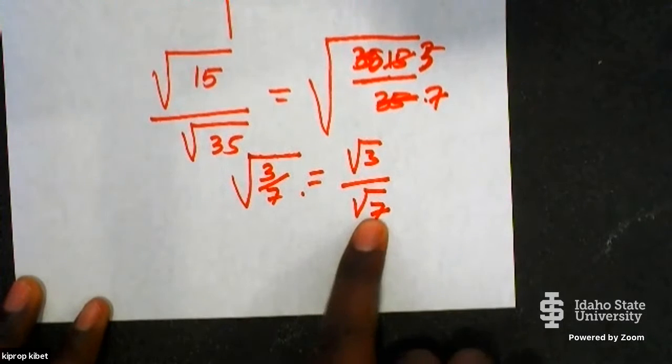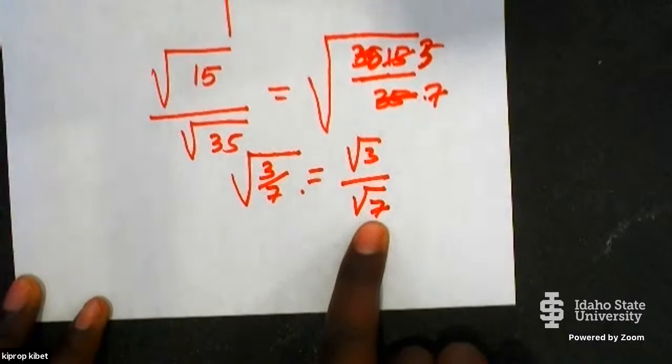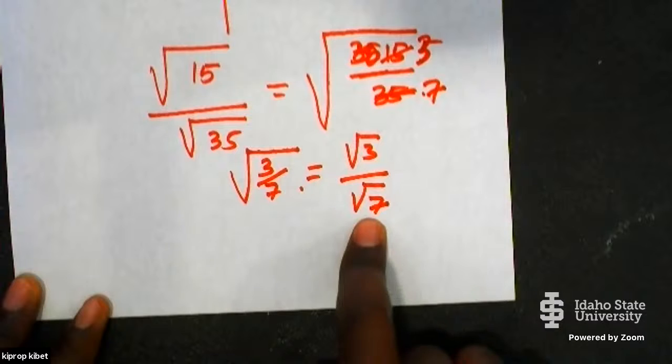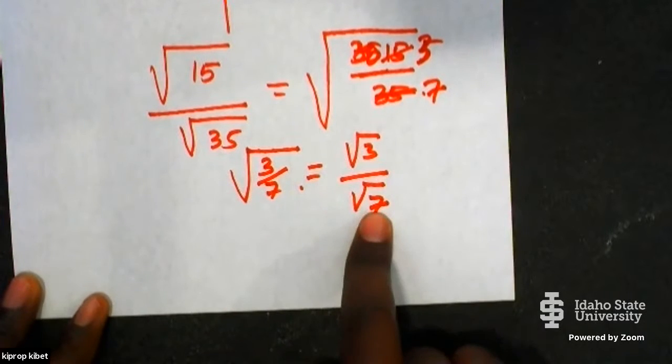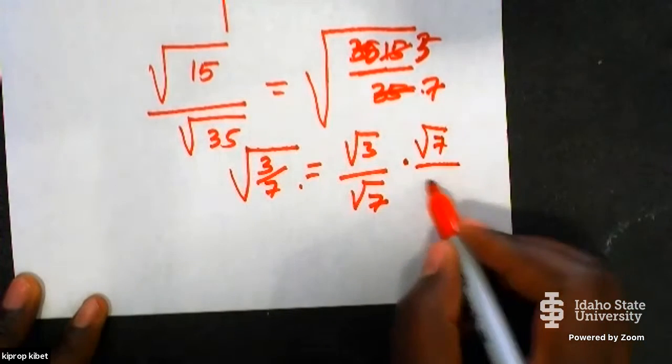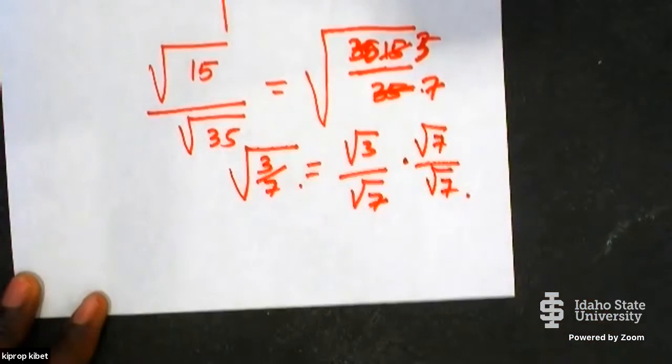And it says, rationalize the denominator. You should know which one is the denominator and which one is the numerator. The denominator is this and the numerator is this. How should we rationalize this? We multiply by the root of 7 all over the root of 7.